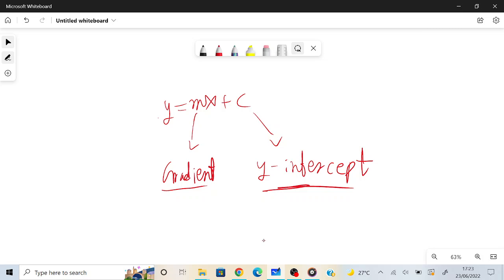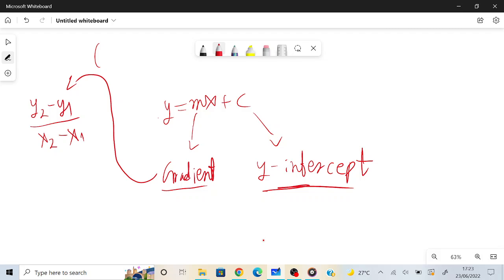If you do not recall, the formula to calculate gradient is y2 minus y1 over x2 minus x1, where your coordinates are something like this: x1 comma y1 and x2 comma y2.